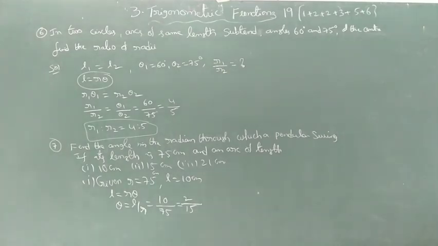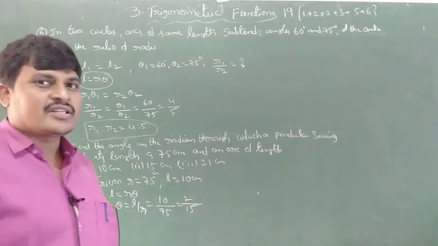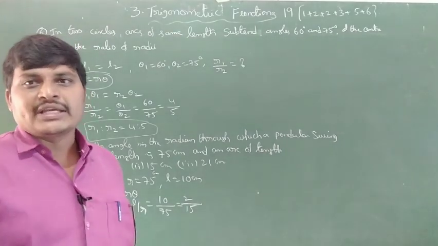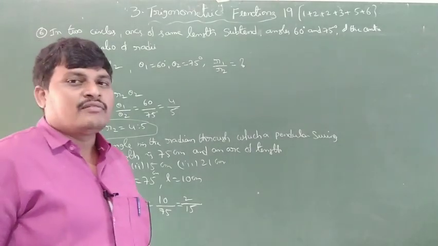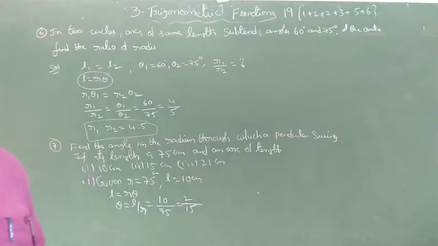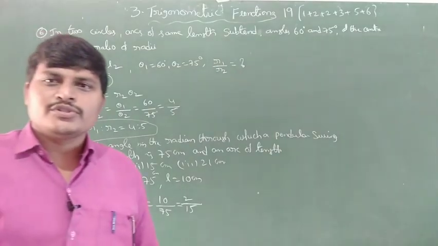Okay? So the first exercise is completed. Tomorrow, the next exercise and the next topic. The next topic is the all silver teacups rule: in the first quadrant, which functions are positive, which are negative.